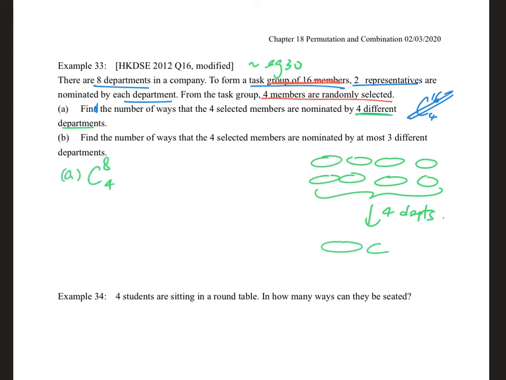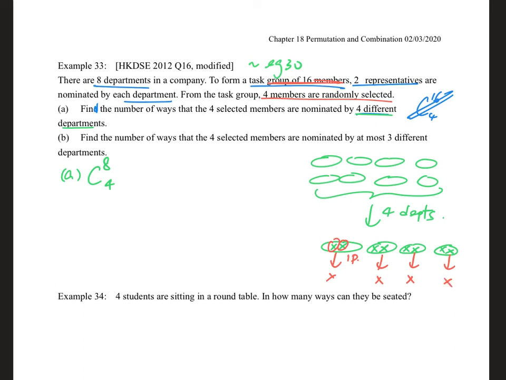Then in each circle, in each department there should be 2 representatives. Now in each department, I will pick these 2 and choose one of them. Okay, one person, choose one of them. These 2, I choose one person. These 2, I choose one person. And the last department, the same, choose one person.